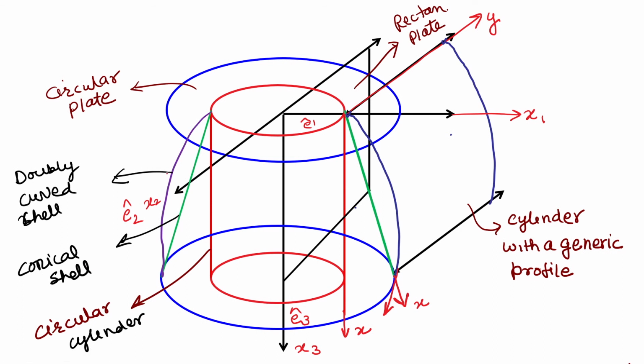If instead of a straight line we make a curved line from this cylinder to this, then it will be a doubly curved shell. Over this line, if you take a straight line, then it will be a rectangular plate, and if you extend over this surface, it will be a cylinder with a generic profile. The profile may be elliptic or any kind of oval shape. So, through this figure it is shown that the most important part is the development of the position vector and the generation of the shell by properly creating the generators.